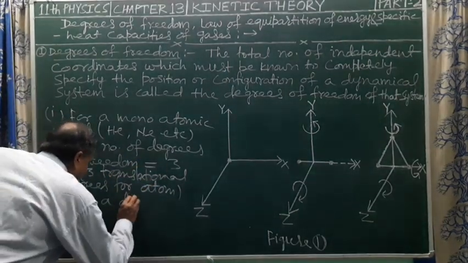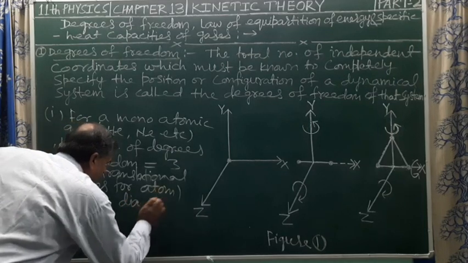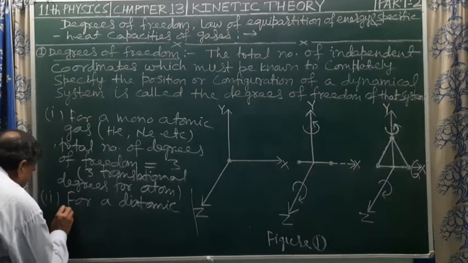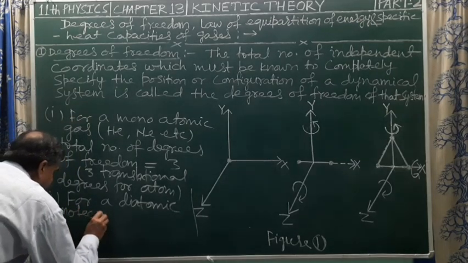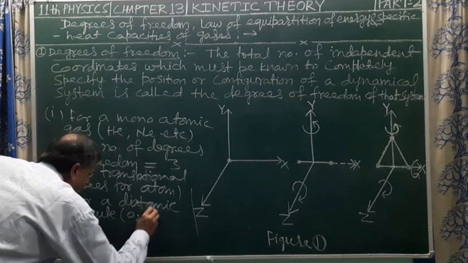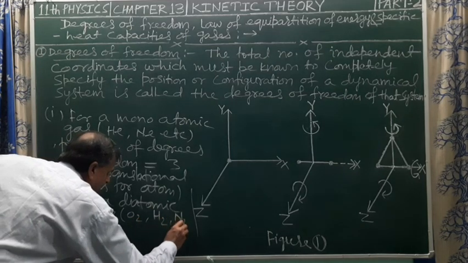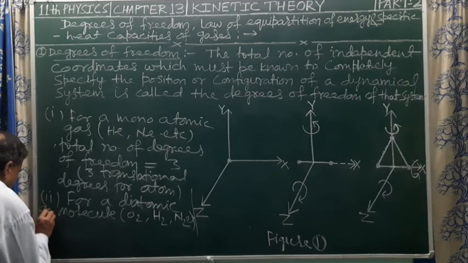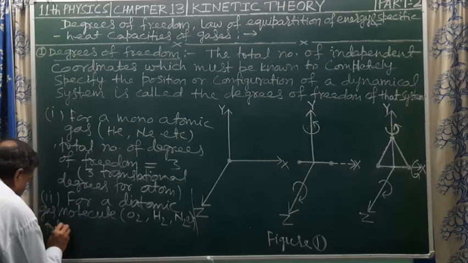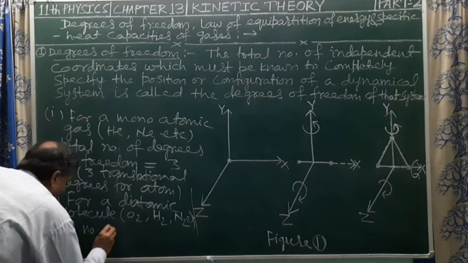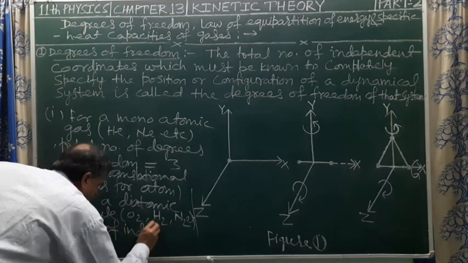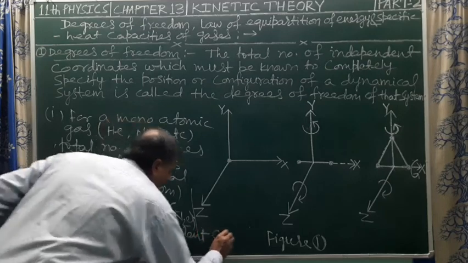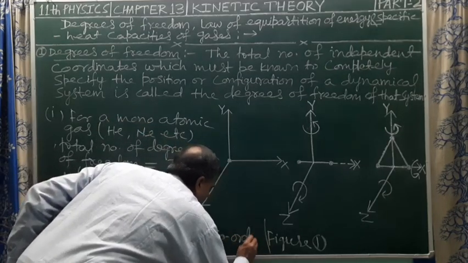Write down for a diatomic gas molecule, for example O2, H2, N2, etc. Total number of independent coordinates, or degrees of freedom.